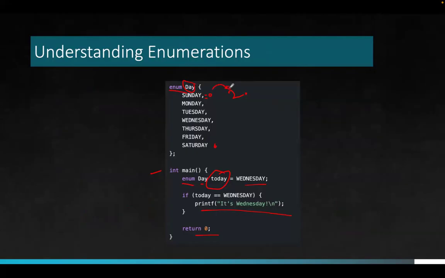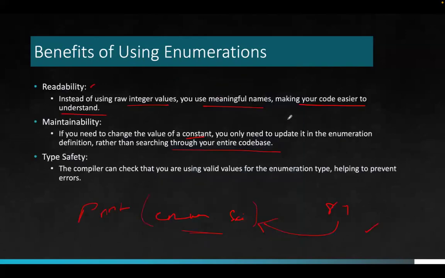Now the rest of the numbers are 21 to 26. So instead of changing every variable, you just assign Sunday to 20, and your code gets updated automatically. You don't need to change any line in the code. This is called maintainability.